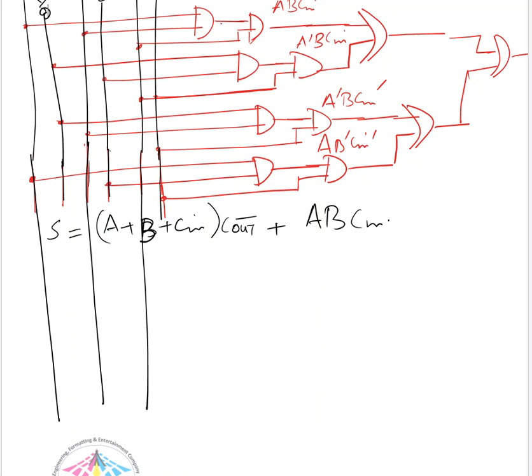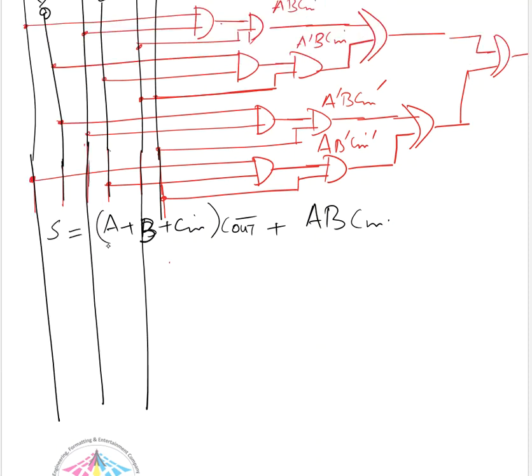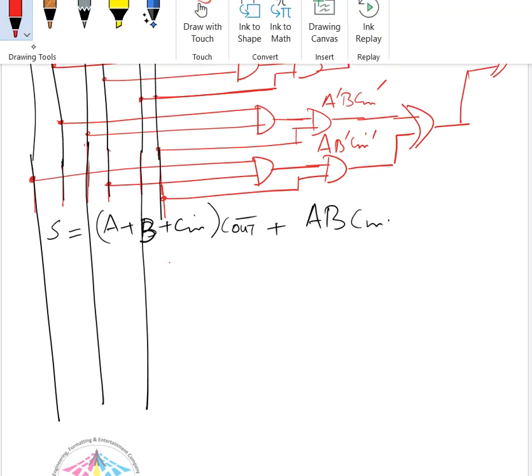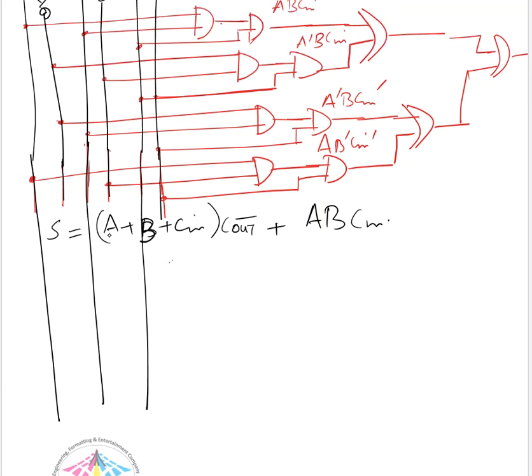Now let's implement this second form, and for this form we also need another input, which is C out. So let me create another input here, which is C out, but we need the complement of it.